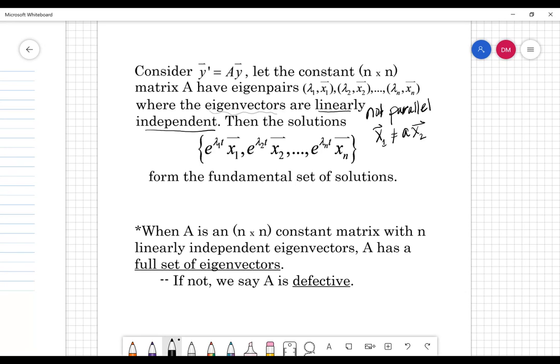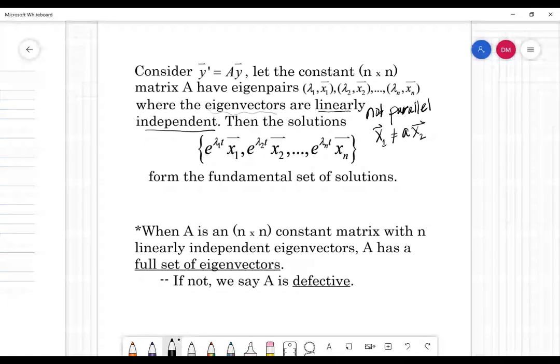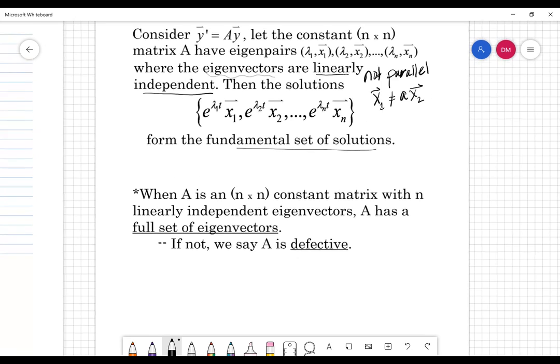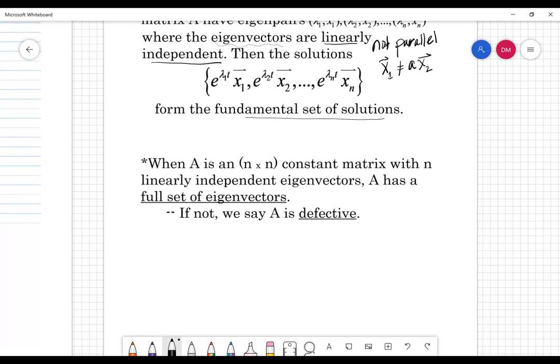So if that's the case, then our solutions, like we wrote out yesterday, where we take e to the lambda 1 t times x1, the eigenvector there, and we continue on all the way down through our n eigenpairs, will form a fundamental set of solutions if all of those eigenvectors are in fact linearly independent. It's just an important distinction to make in order to get to our fundamental set of solutions.